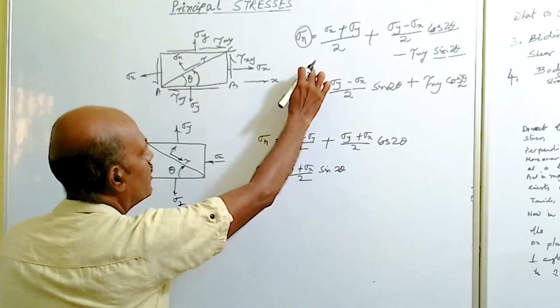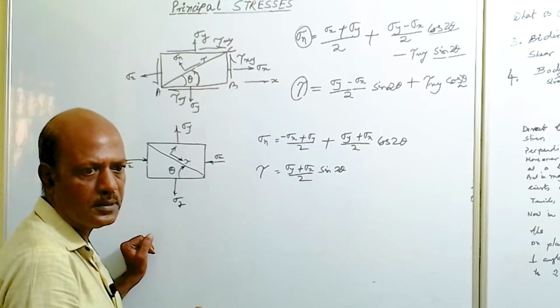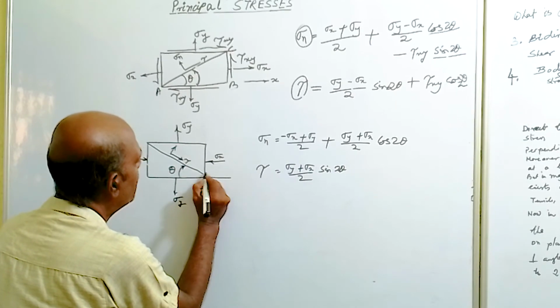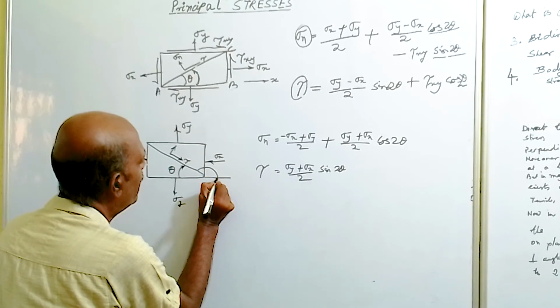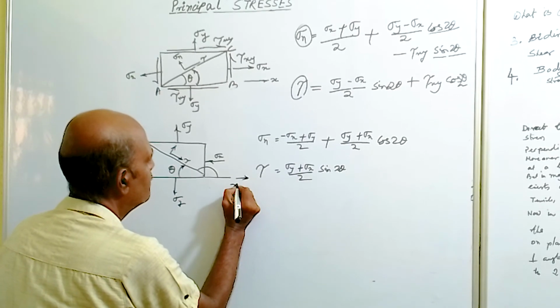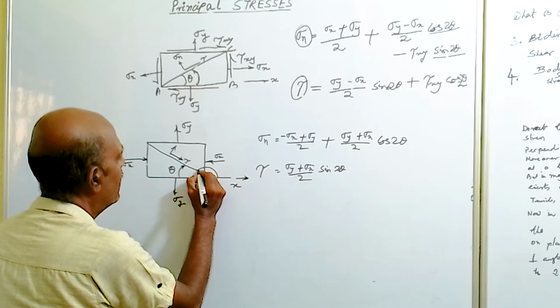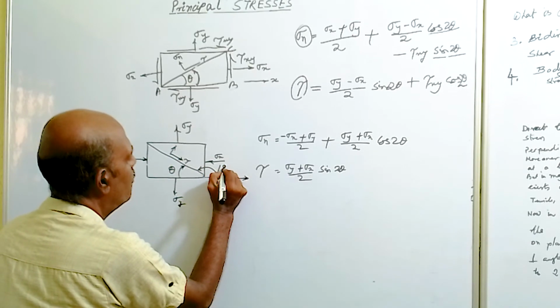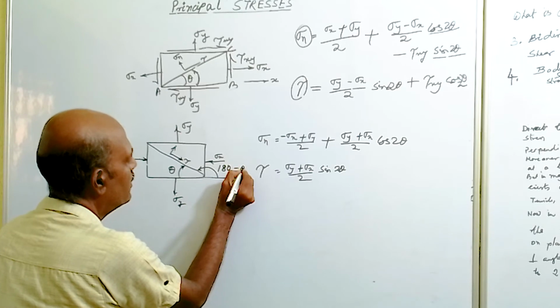So to develop this equation, we have to put the angle made by the inclined plane with the positive x direction. This angle becomes 180 minus theta.